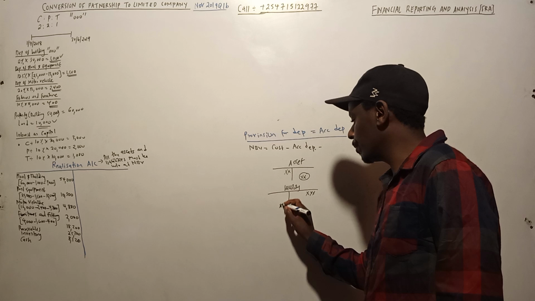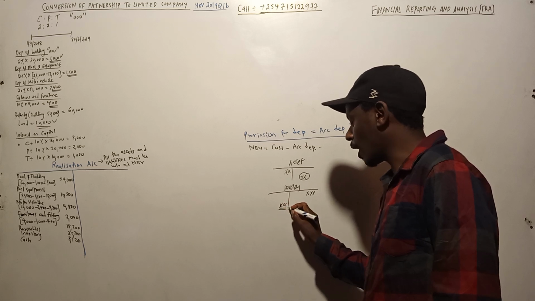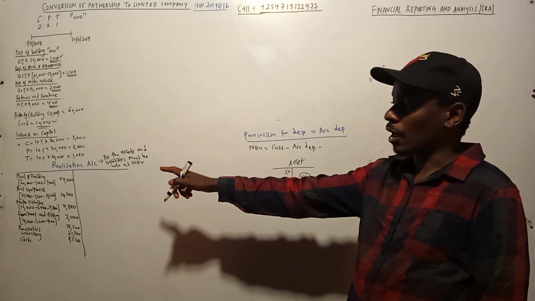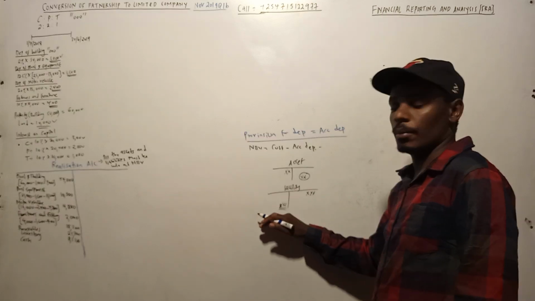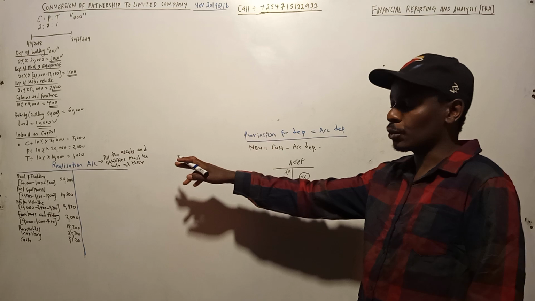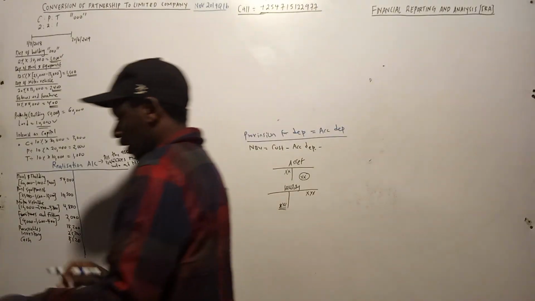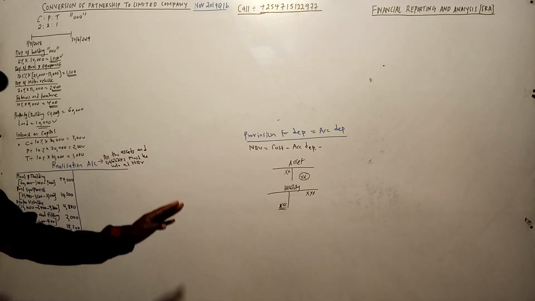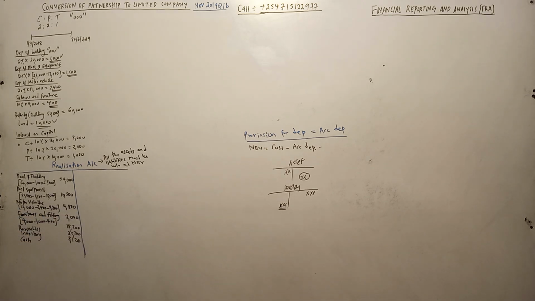Now, if we debit our account by writing off the liability, when we transfer it to the realization account we credit it. You need to know that when we are writing off the assets, we debit the realization account, and when we are writing off the liabilities, we credit the realization account. So let us start with the first one.